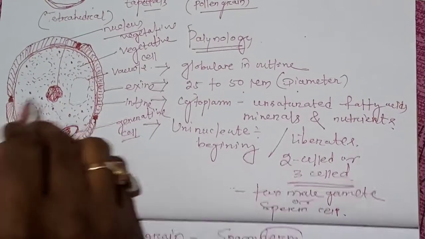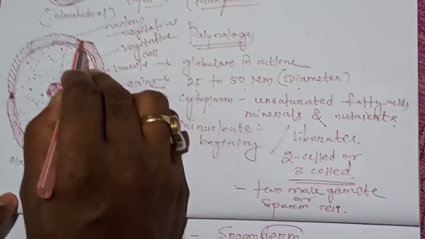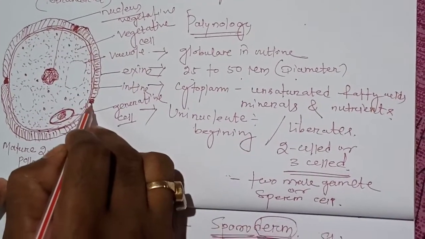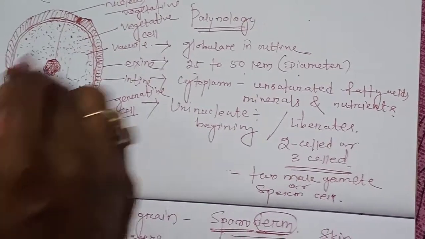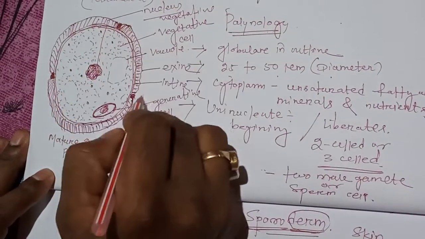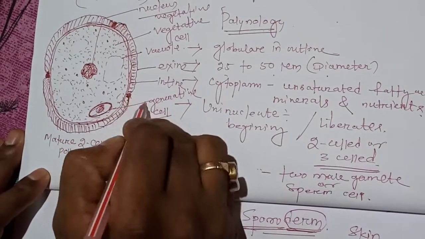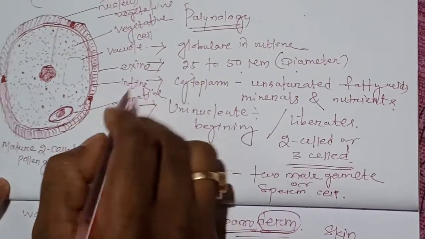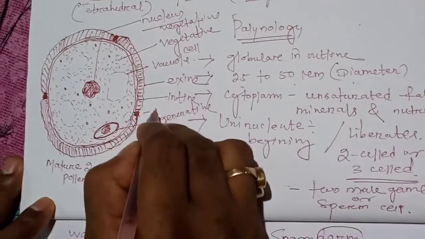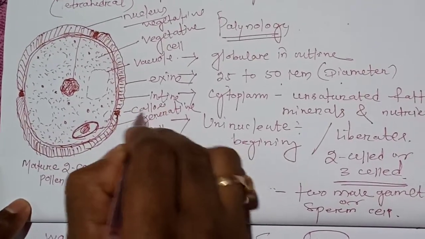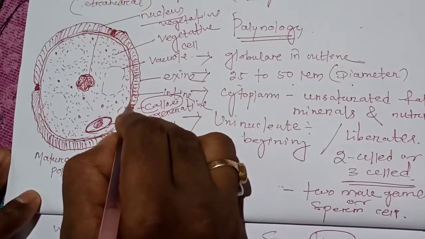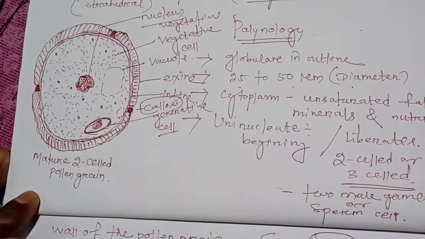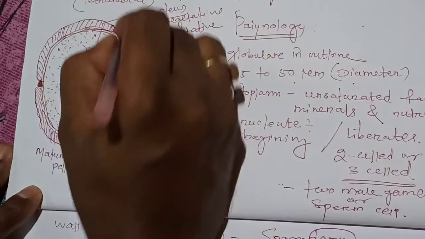At certain places, the exine is thin or absent. Look at this region, where the exine is thin or absent, and this site is covered by either callose, or there is thickened intine. This region is called a germ pore.